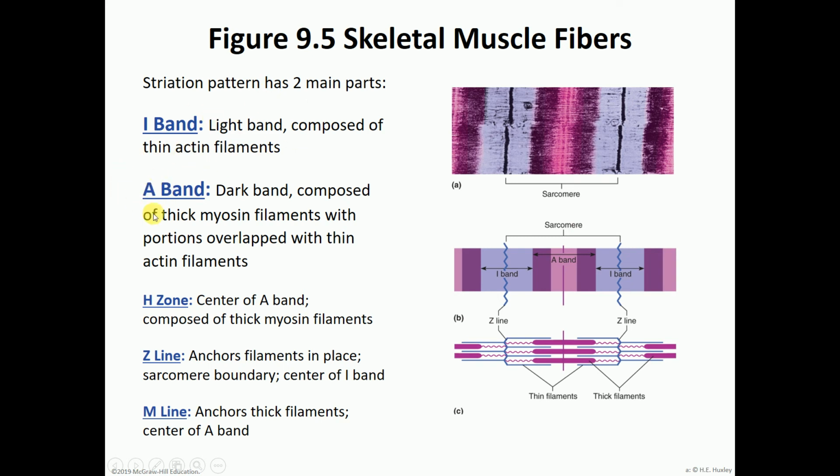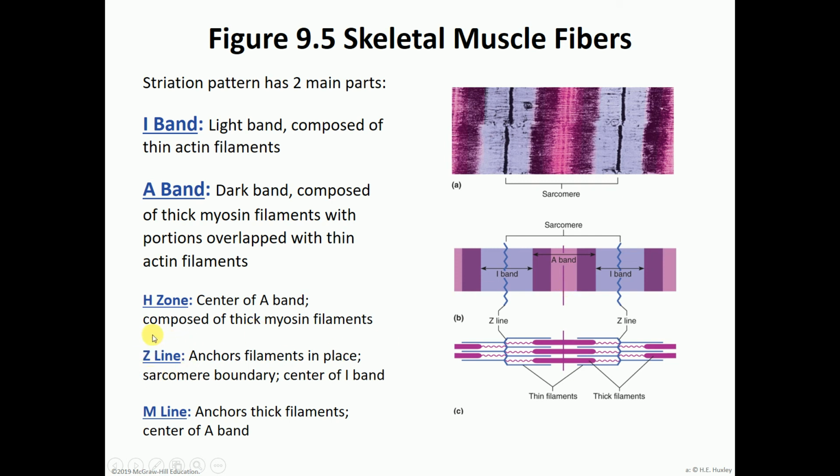The A band is where you have both thick and thin, where they overlap. And the H zone is where you only have the thick filaments, right in the middle of the A band.